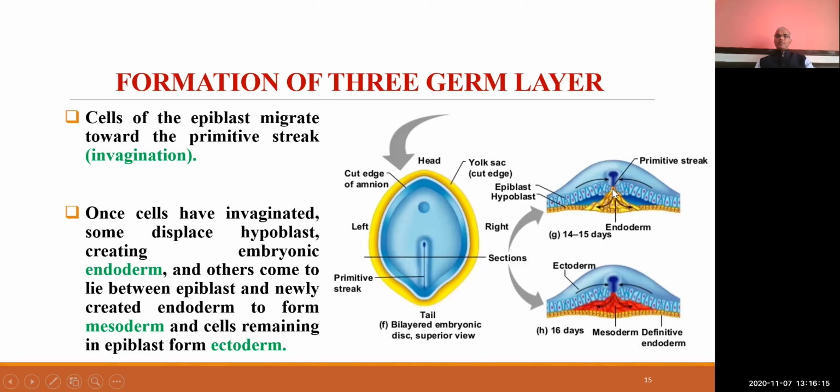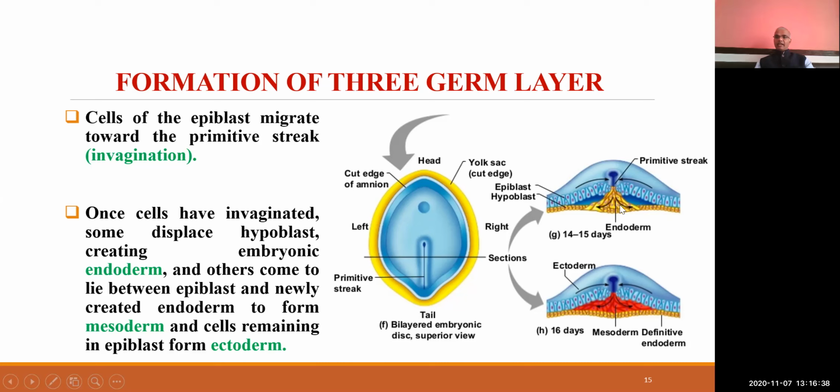These cells displace the hypoblast, creating the embryonic endoderm. And others come to lie between the epiblast layer and the newly created endoderm layer.